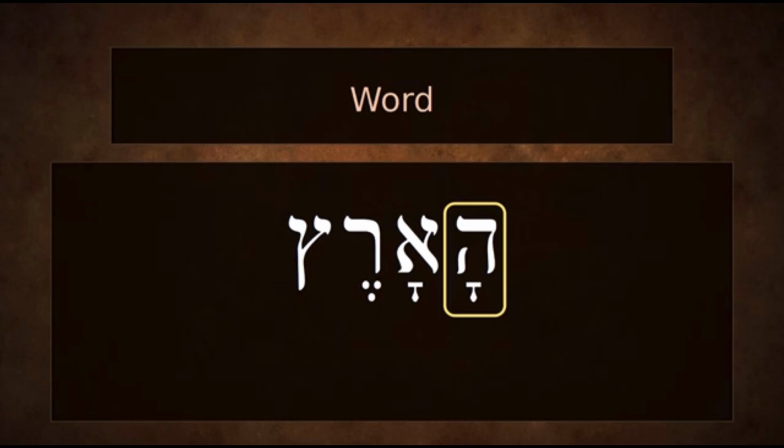The rest of the word would be aretz, which looks a lot like another word we've learned. Eretz is a word that means land, and this word ha-aretz is actually the exact same word. Remember when I said that sometimes when you add a prefix to a word, the vowels inside that word will change? That's what's happening here. So even though the first vowel is different, this is still the exact same word.